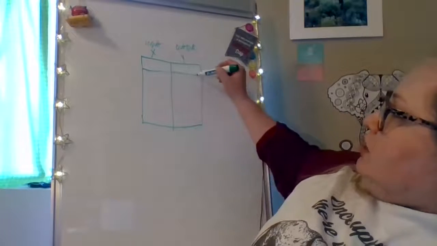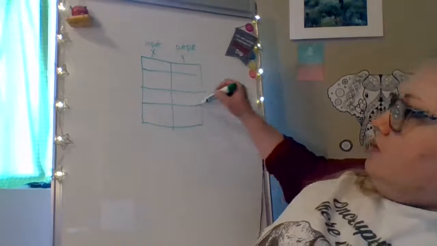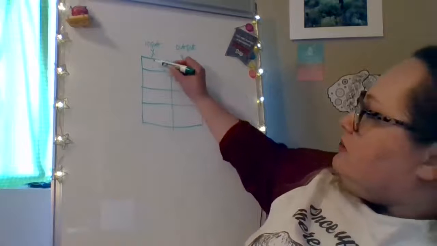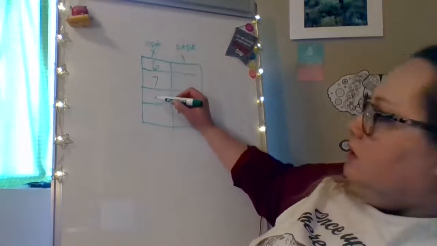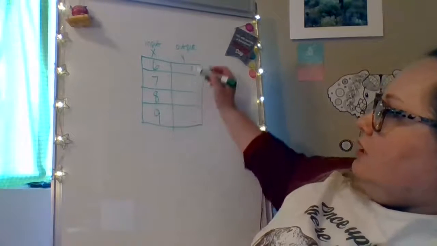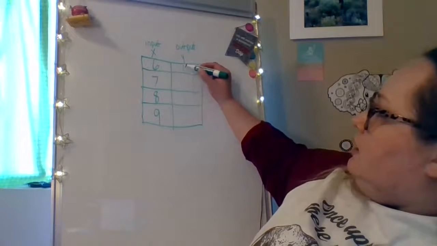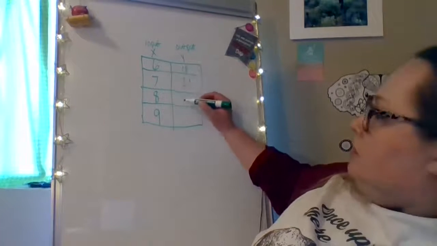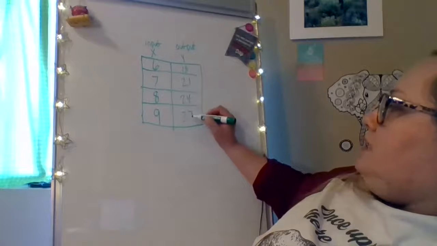Okay, so I'm just going to draw this here really fast. We can add some on if we need to. So I have 6, 7, 8, 9. Here I have 18, 21, 24, 27.